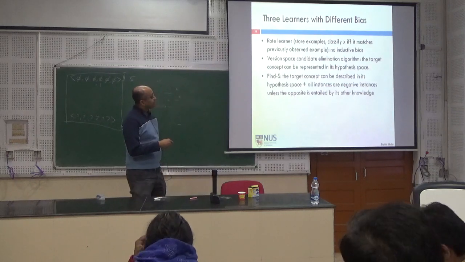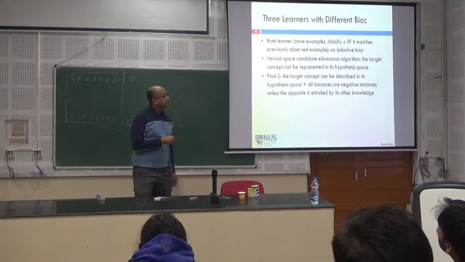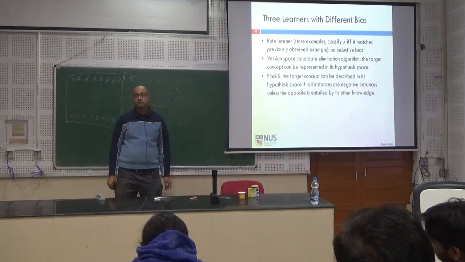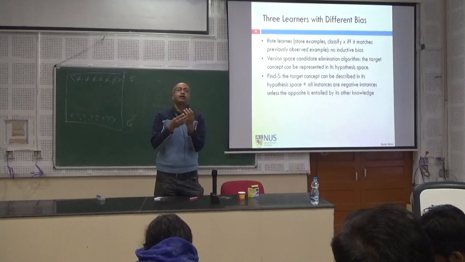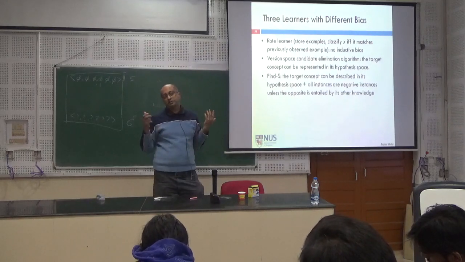And then the candidate elimination algorithm, we have been talking about this. Here the assumption was the target concept can be represented in its hypothesis space. So I started with the assumption of conjunctions. So as long as the real concept is a conjunction, I will find it. That was the assumption.